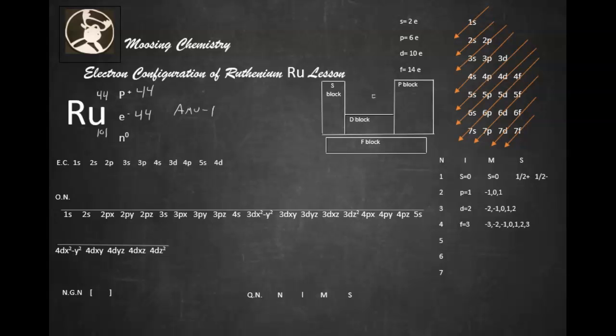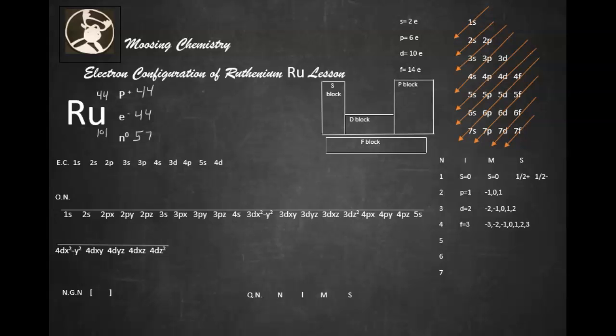AMU minus protons equals the number of neutrons, right? So we're going to go 101 minus 44 gives me 57 neutrons. So I'll write 57 here. Pretty cool, huh? It's about the easiest thing that's going to be for these next 4 elements.